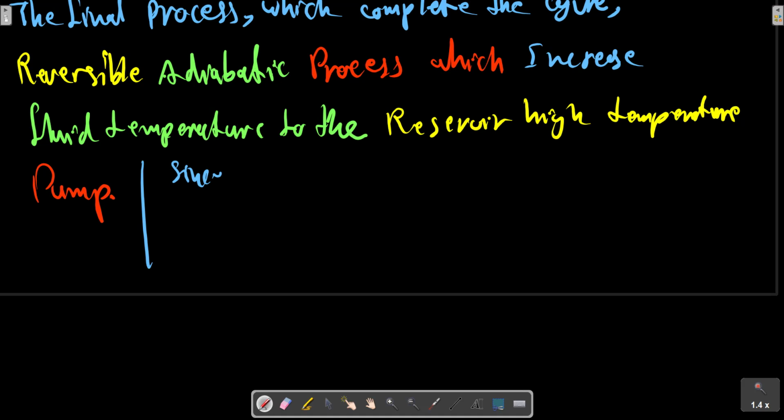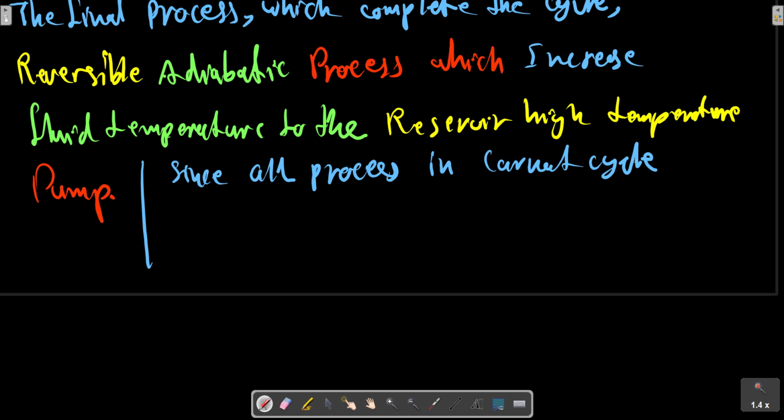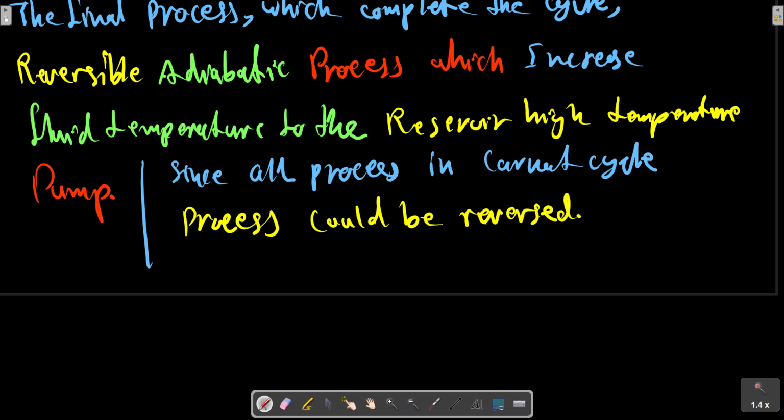Since all processes in the Carnot cycle of the heat engine can be reversed, in which case it would become a refrigerator.